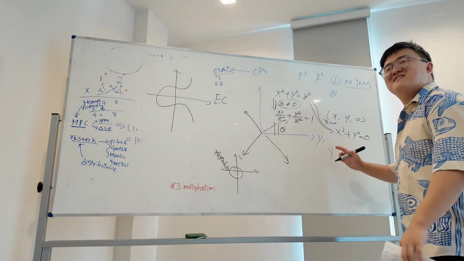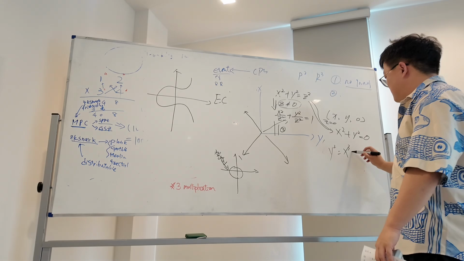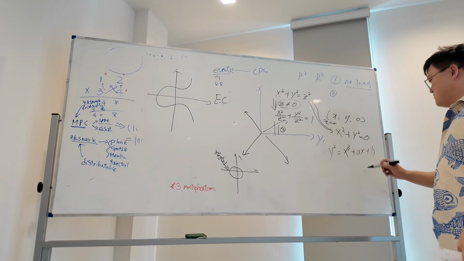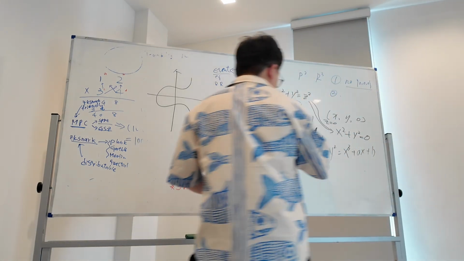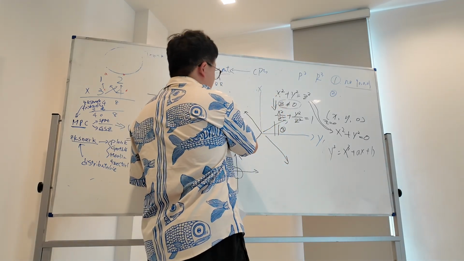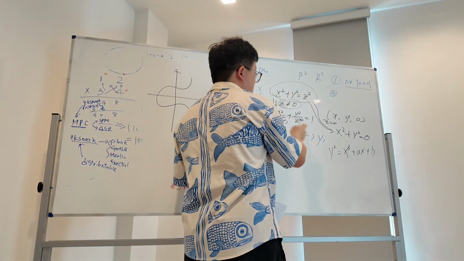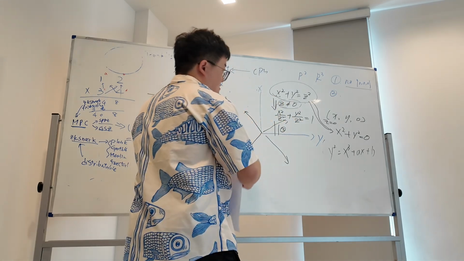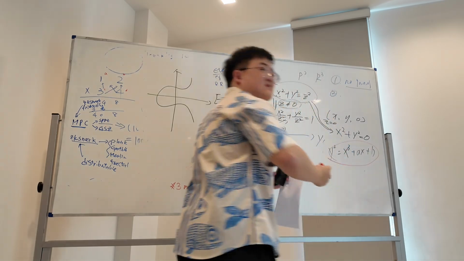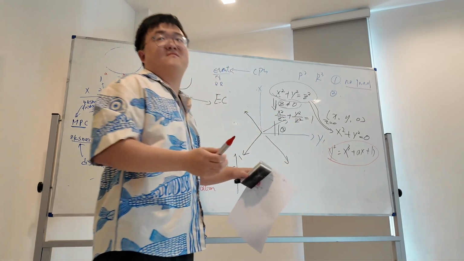Easy one. y squared equals x cubed plus ax plus b. Okay, so we have this, and we have the knife. When we talk about the EC curve, we just change the formula from this one to this one, and the rest of things are the same.